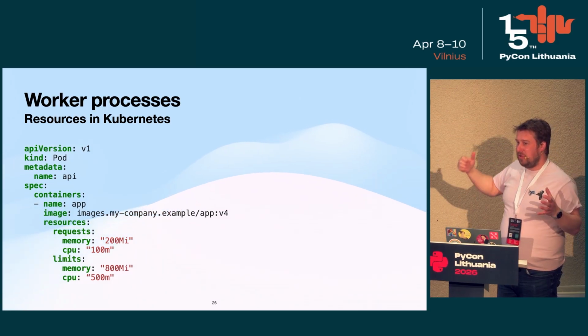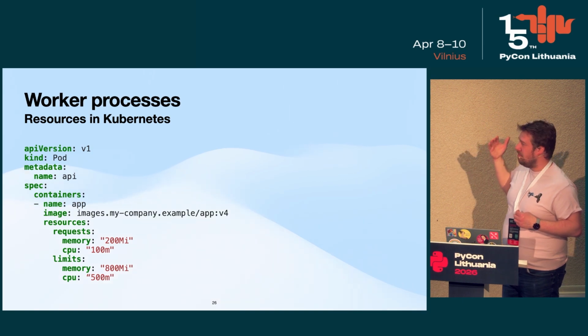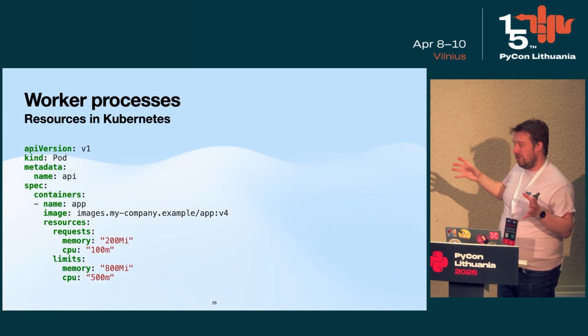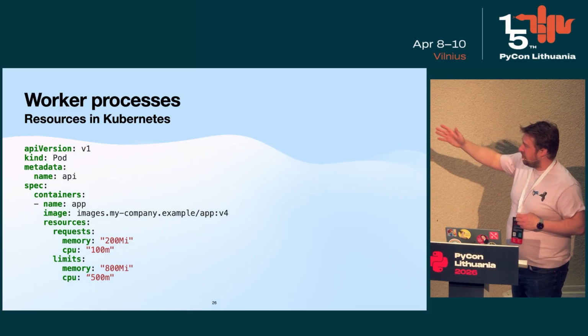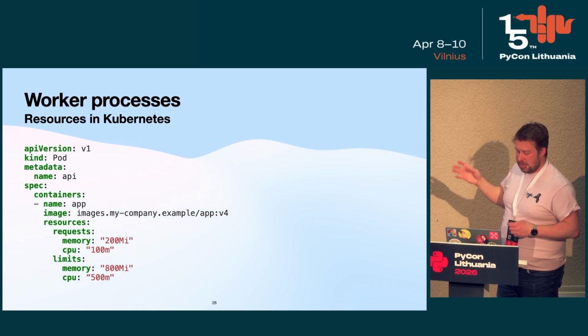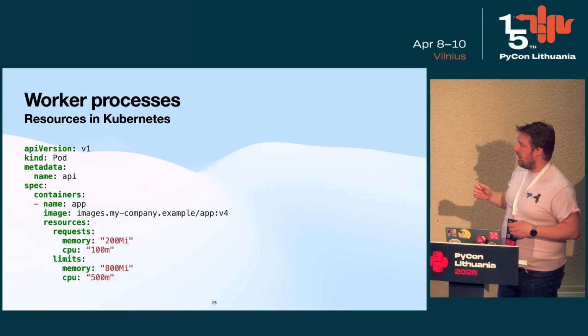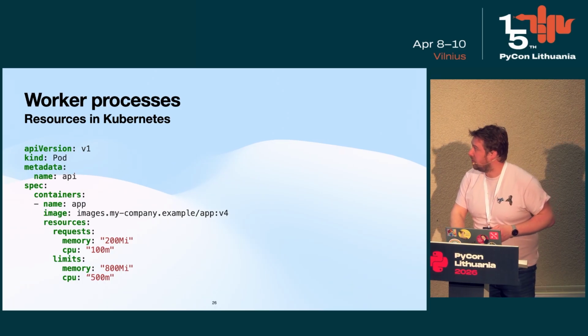Because you're running multiple processes inside there, you're using a multiple of those resources. So you need to do some kind of tweaking on there, and you can do that inside Helm using the mul function. So it can be done, but I actually backed out of that for reasons which I'll go into in a minute.